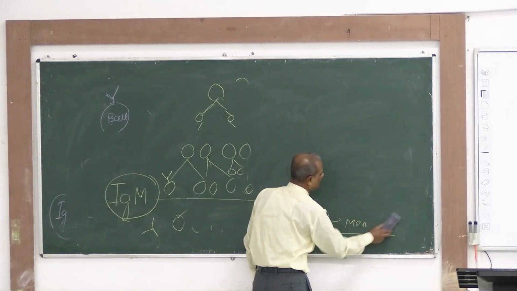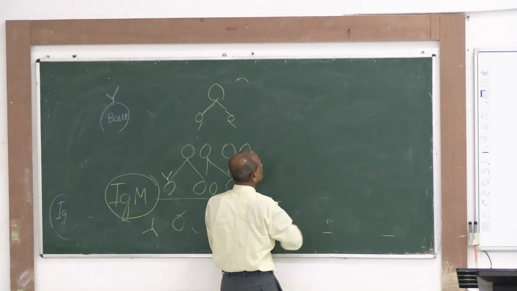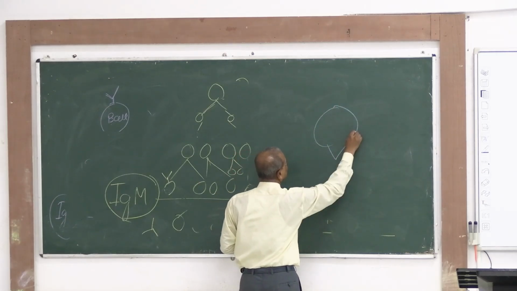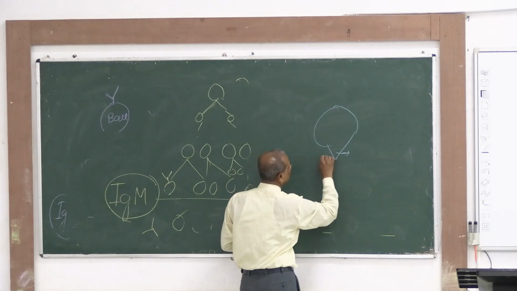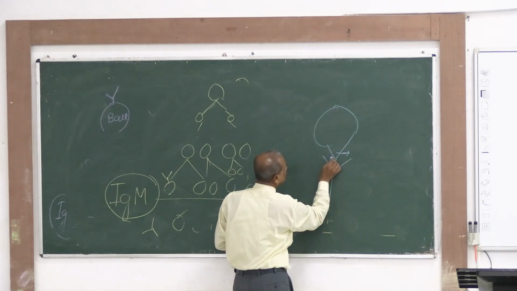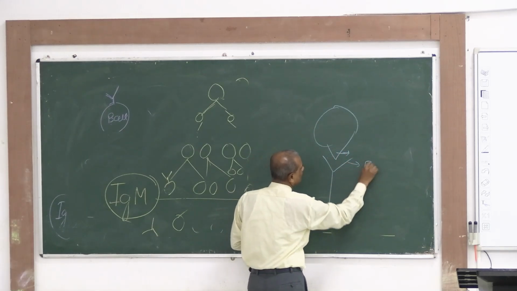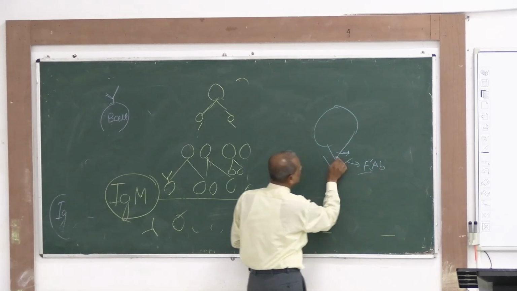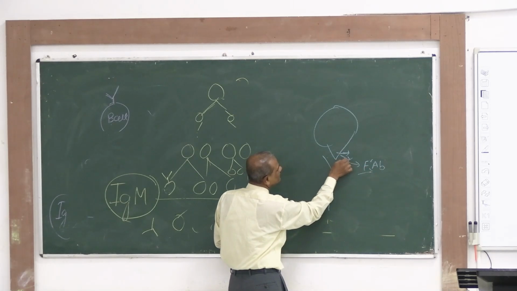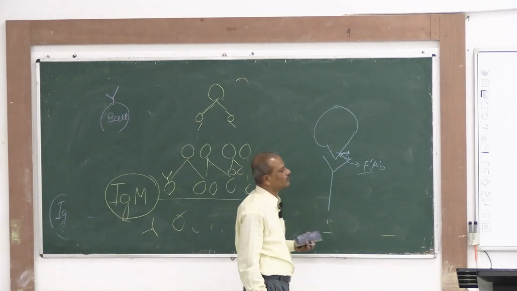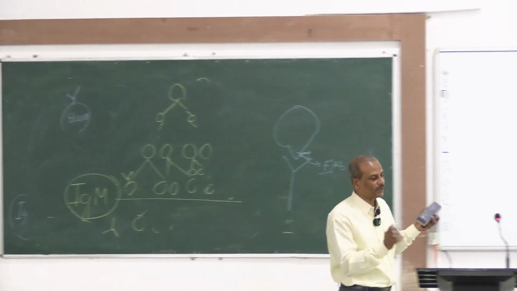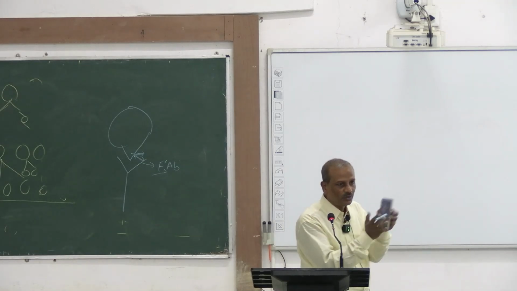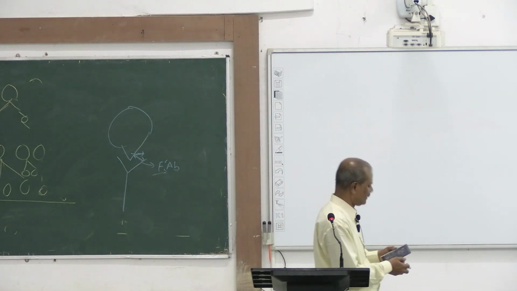Epitope and paratope I have told you. Suppose this is the antigen; this region which reacts with the antibody is called the epitope. This is the antibody binding site, about which I will tell you in detail; this particular region is called the paratope. So epitope and paratope determine the specificity of the reaction. If there is no interaction, there cannot be a reaction.